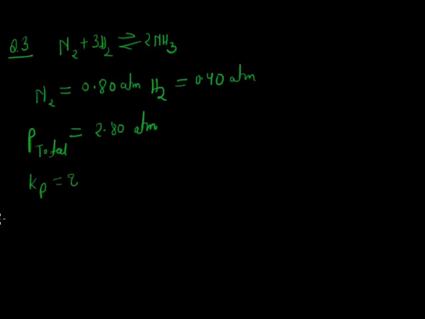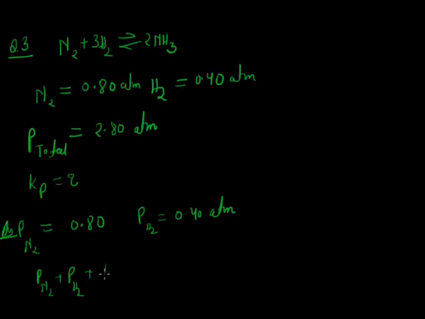So first, we know that PN2, the partial pressure of N2, is 0.80 atm and PH2 is 0.40 atm. Now PN2 plus PH2 plus PNH3, that is the total pressure, is 2.80 atm. So 0.80 plus 0.40 plus PNH3 equals 2.80.